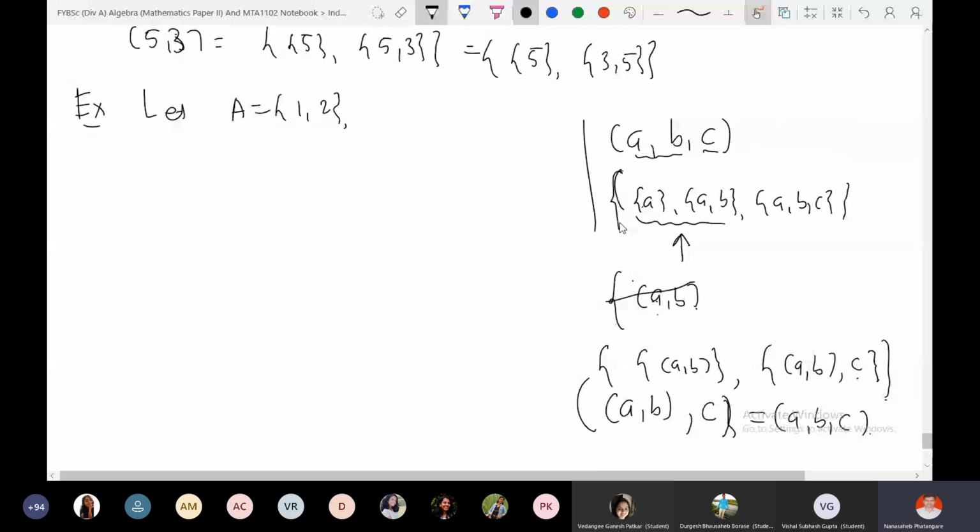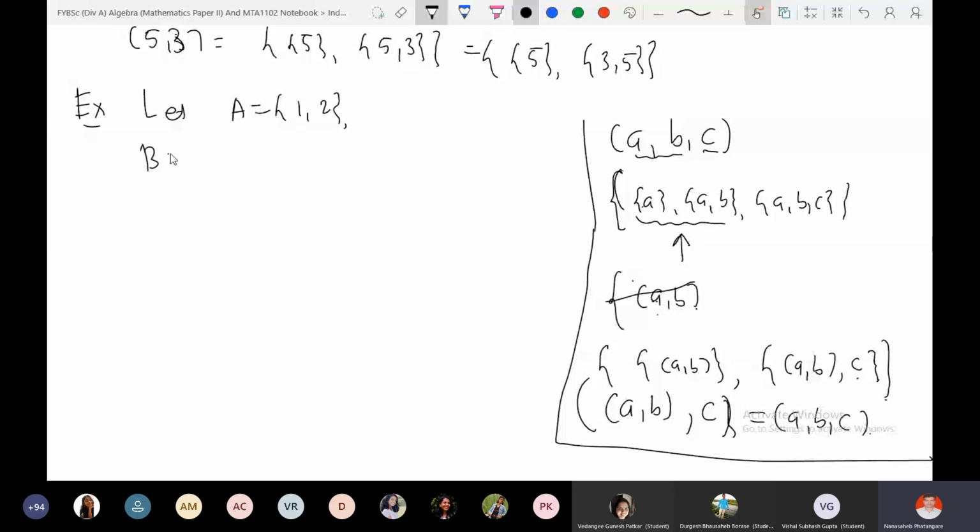Now try to generalize this. Not right now, it is not very necessary. We are interested in the ordered pair having 2 components. Anyway, A is equal to this and B is equal to {A, B, C}. Then what is the set A cross B?